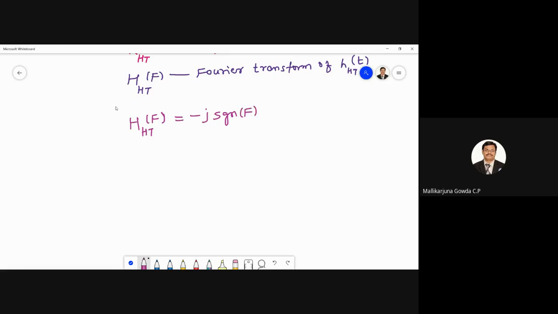I am defining the Fourier transform of the impulse response of the Hilbert transform as the complex quantity, which is minus j sgn of f.